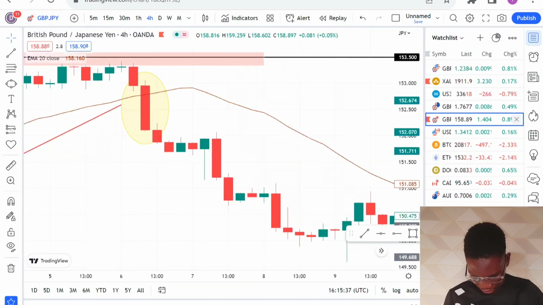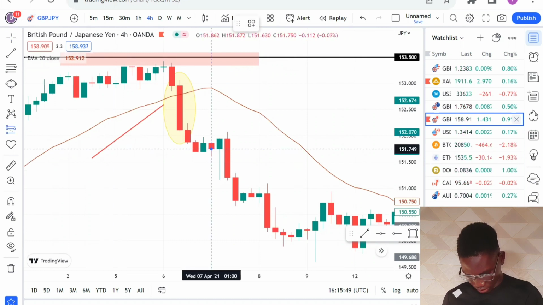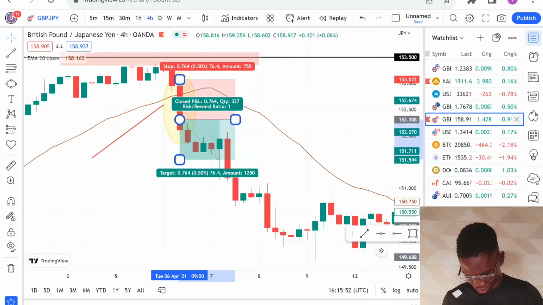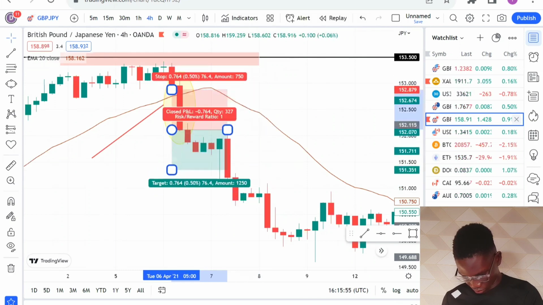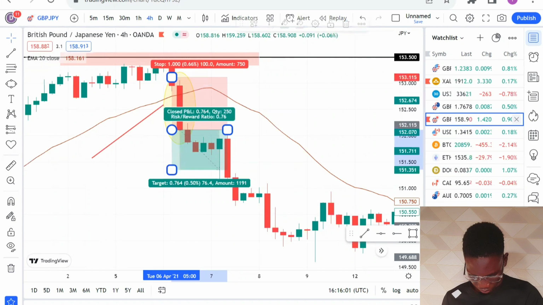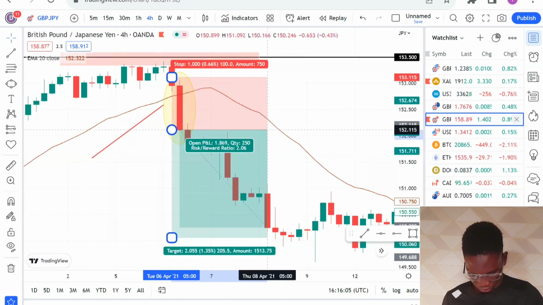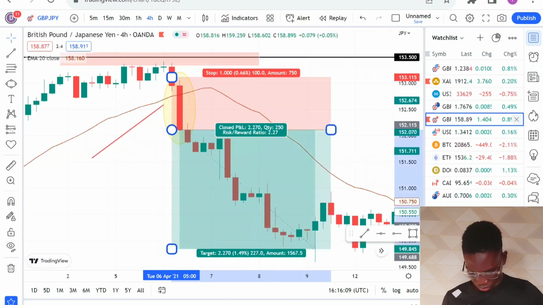So right here you can see that there are shorter wicks and a large pull to the downside, which shows a perfect form of Marubozu. So let's say we entered a sell trade right here, and the stop was right before the Marubozu. Now TP will be at the next level of support zone.